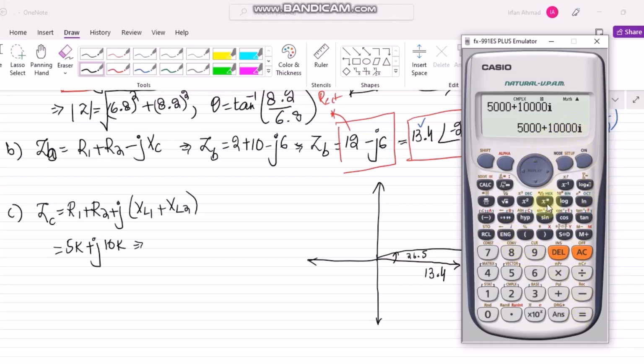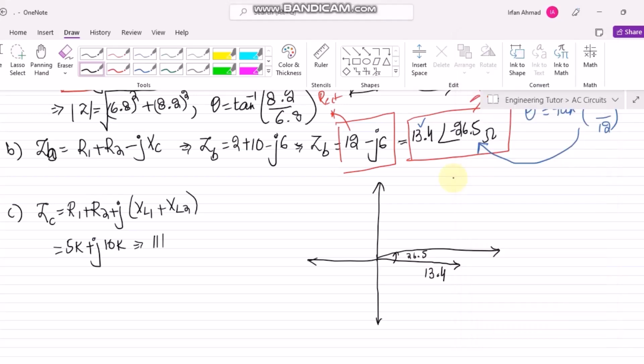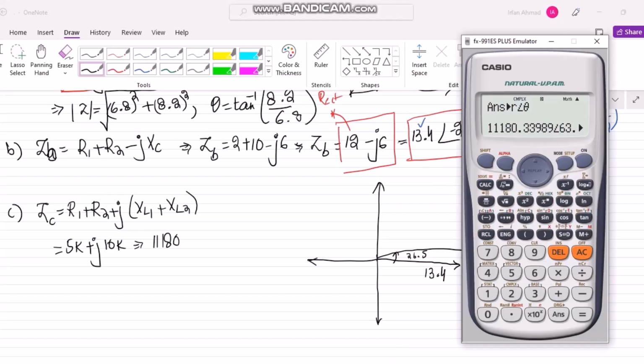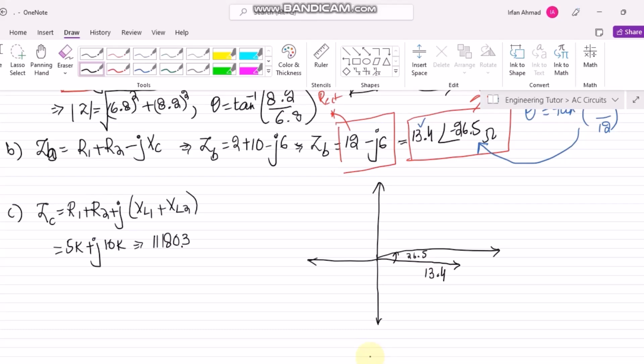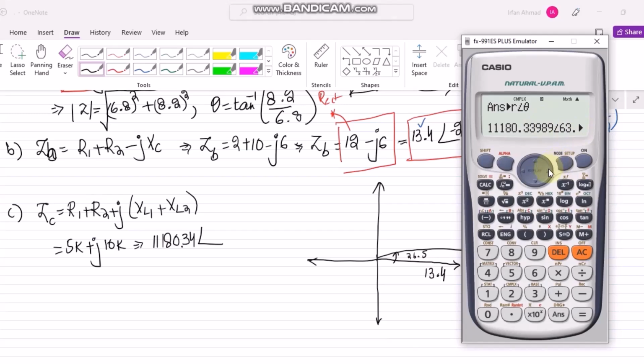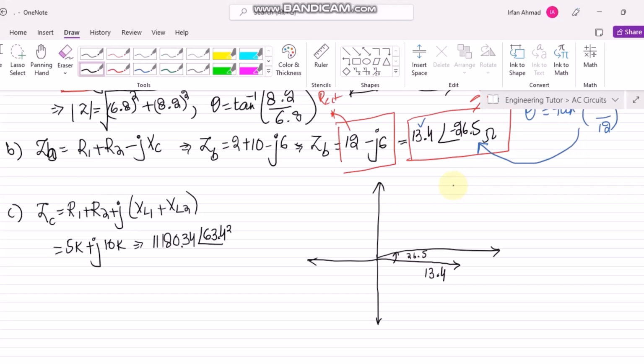This is my value, and in order to convert it into the polar form, I have to press shift and complex, and writing 3 here and equal to, that is 11,180.34, and the angle it makes with the plane is basically 63.43, and this is in ohm.